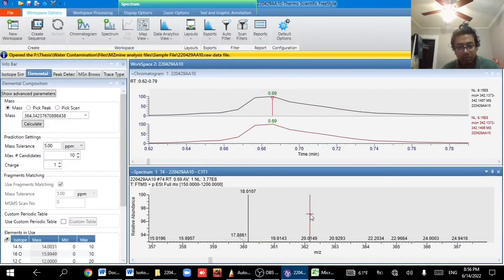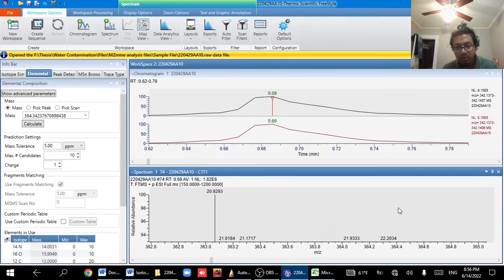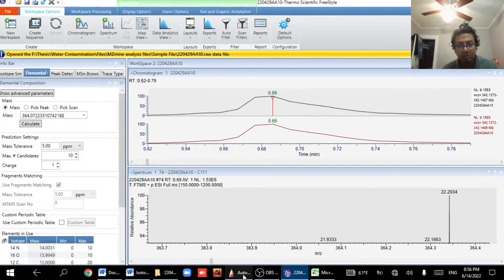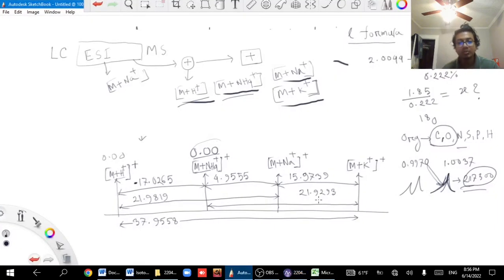So I need to find that value 21. Okay, so this is the peak 21.93. Let's see, this is not the exact value. I need 21.92, not 93.